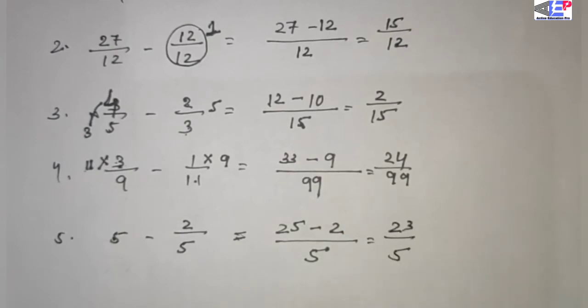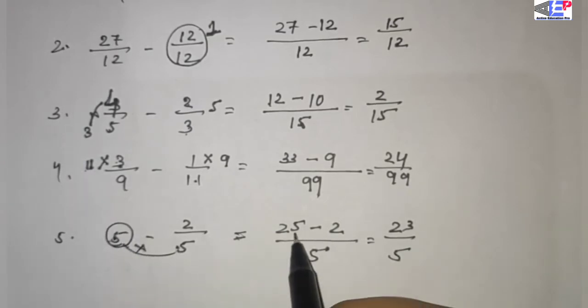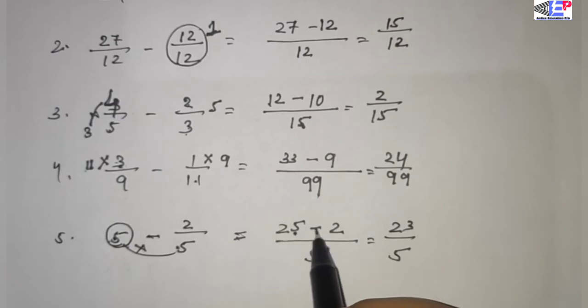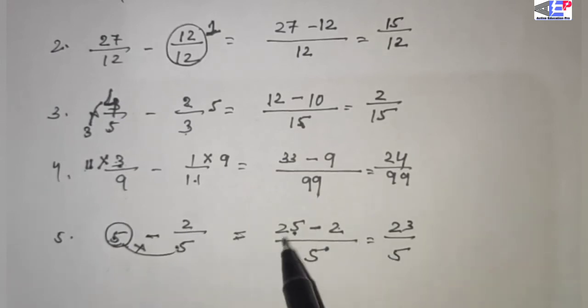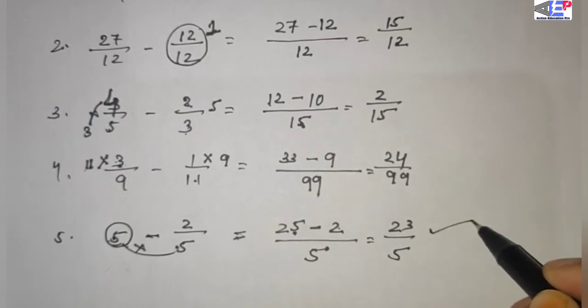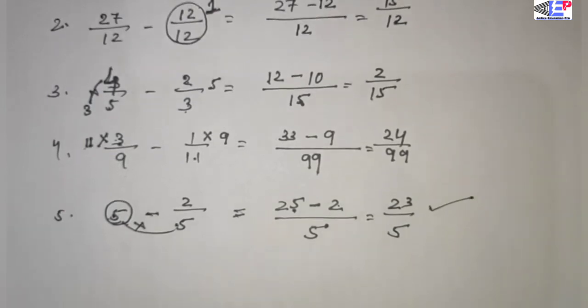Again I repeat, at the time of subtraction of a fraction from a whole number, you just write the denominator, multiply it with this whole number and write here, then put the minus sign and write the same numerator given in our question, and then simplify, and you will get the result 23 by 5.